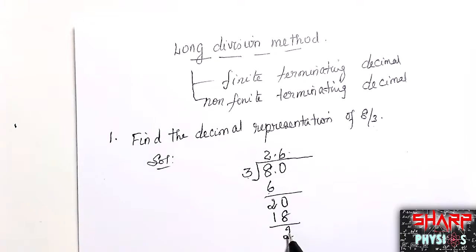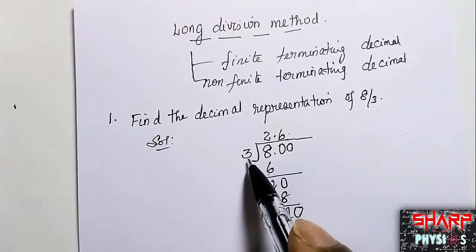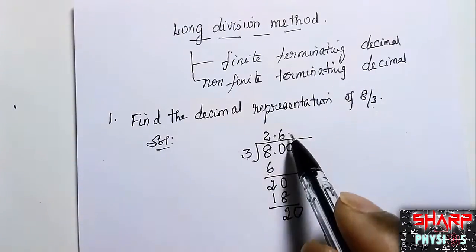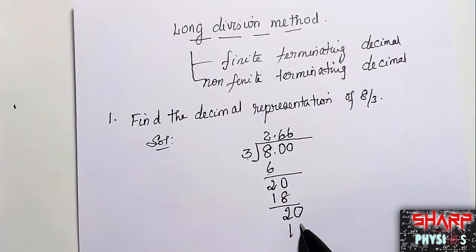So you can see again it's repeating the same number. Again we will try to solve one more time. Bring a 0 here. Then 3 sixes are 18.